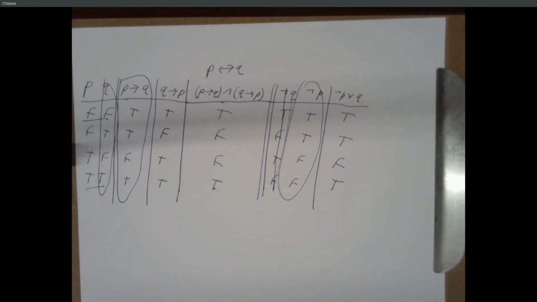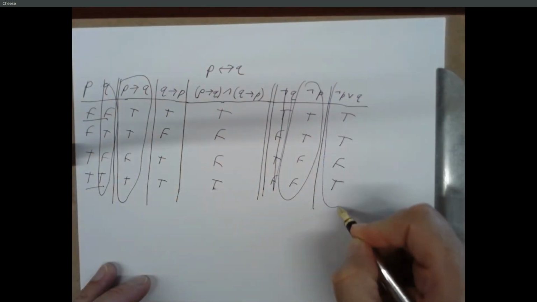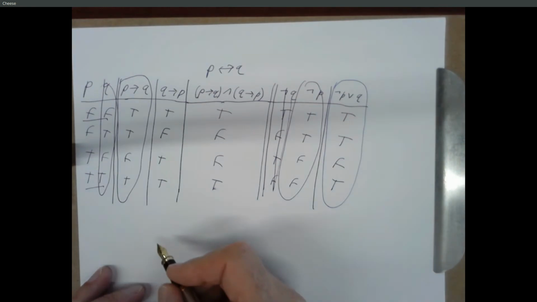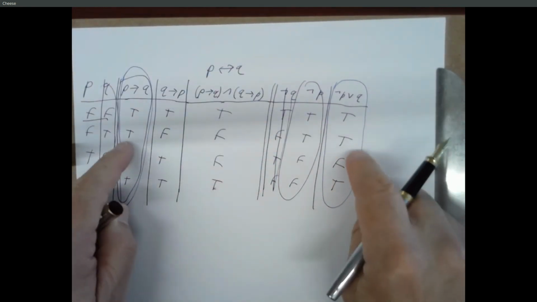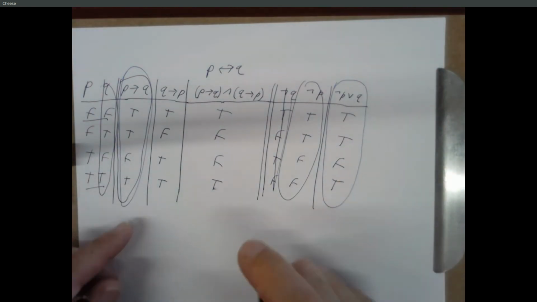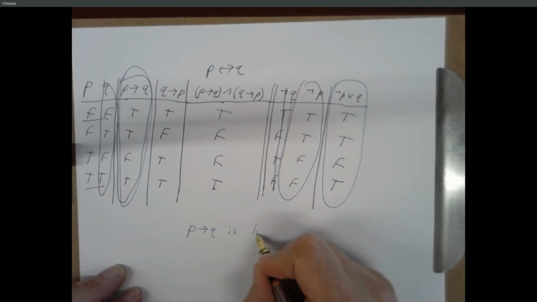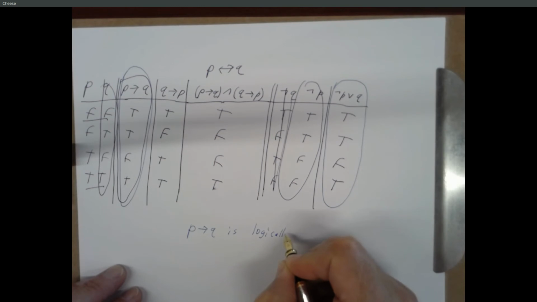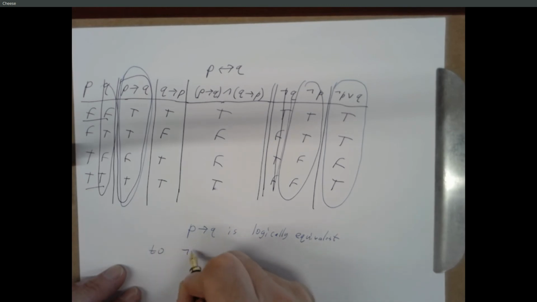And the thing to note here is that this column has exactly the same truth values as this column. True, true, true, true, false, false, true, true. So if P then Q is what we can call logically equivalent to not P or Q.